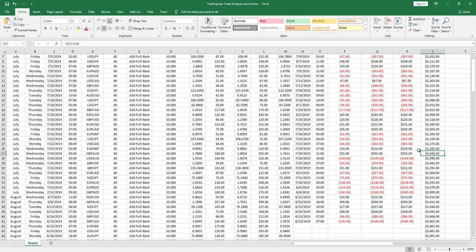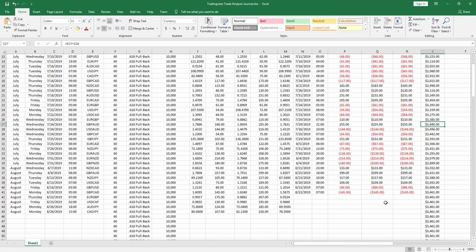So I would have to identify what kind of percentage increase I need to see in the equity of the account in order to increase the position sizing so that I can increase my profits. This is what we would call smooth ratio money management.